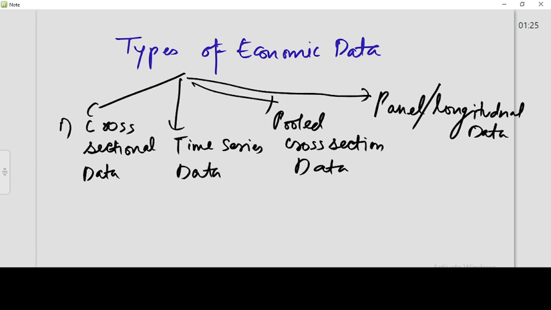Okay, so let's start with the first one, that is your cross sectional data. In the most simple form, cross sectional data means data is collected on many units at a particular given time.